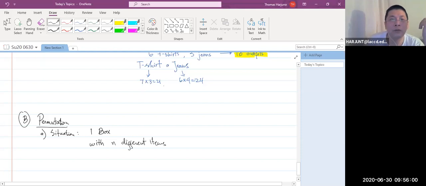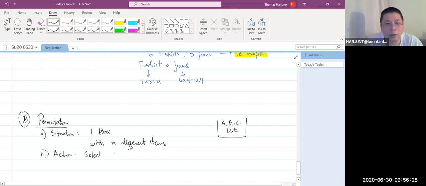So imagine if you have a box with, let's say, 5 letters, A, B, C, D, E. Okay, so a box with 5 letters, and then the action: select r items one by one.